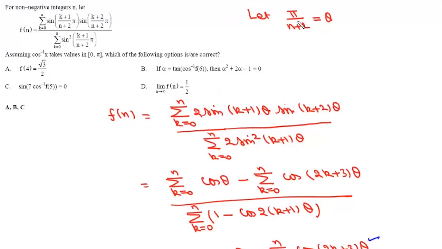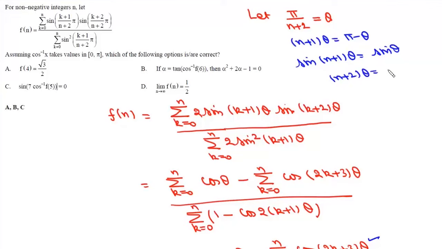Now we have taken pi upon n plus 2 as theta, so we can write (n+1)theta as pi minus theta. So sin((n+1)theta) will be sin theta, and (n+2)theta will be simply pi.